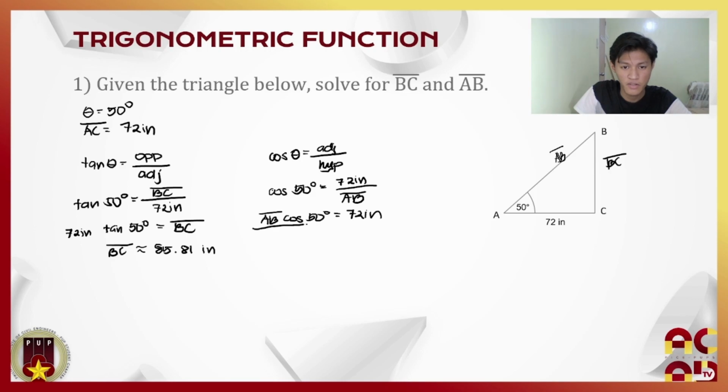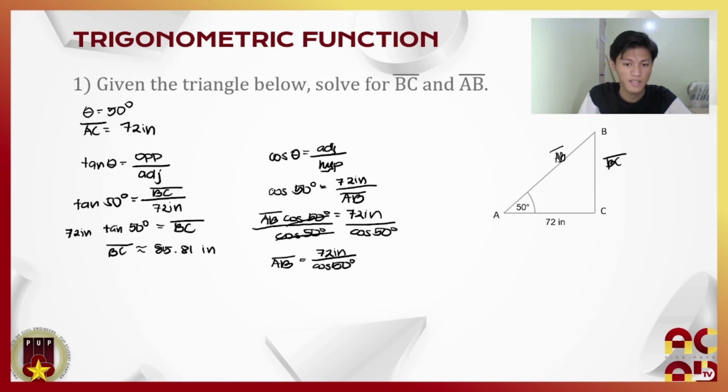Divide both side by cosine 50 degrees para ma-isolate yung line AB. Yan. So, ang matitira na lang dito sa left hand side ay line AB at yung 72 inch dito. Kabila, cosine 50 degrees.